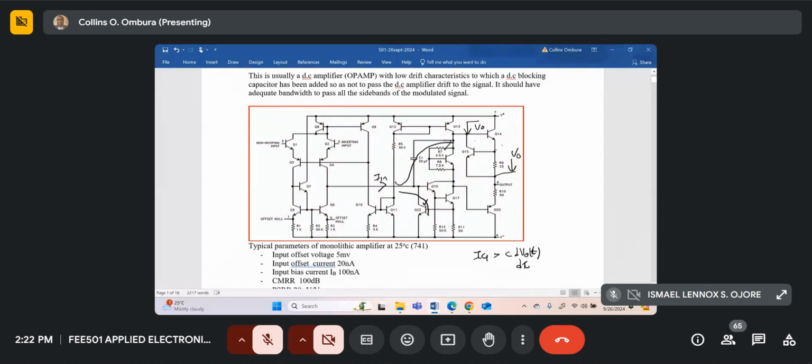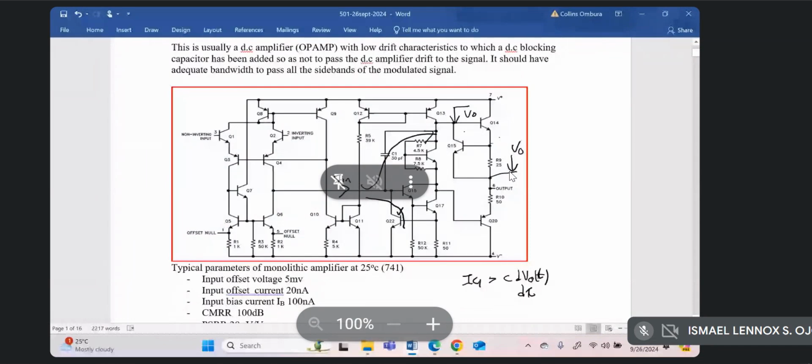Because it's just a buffer stage. All it does is increase the current drive. That's what the class B output stage does. It doesn't have a voltage gain. What it does is increase the current gain. We approximated the beta of the transistors, in this case Q14 and Q20. So the voltage at the other end of the capacitor C1 is approximately equal to V naught.